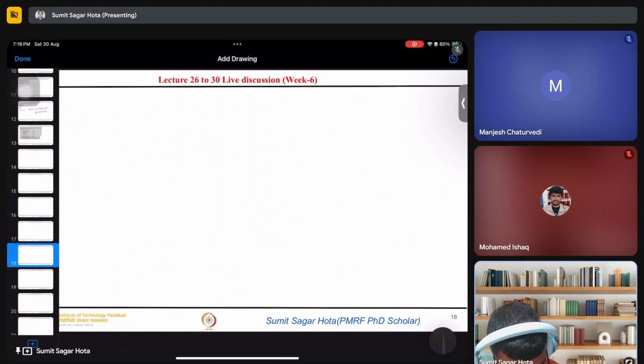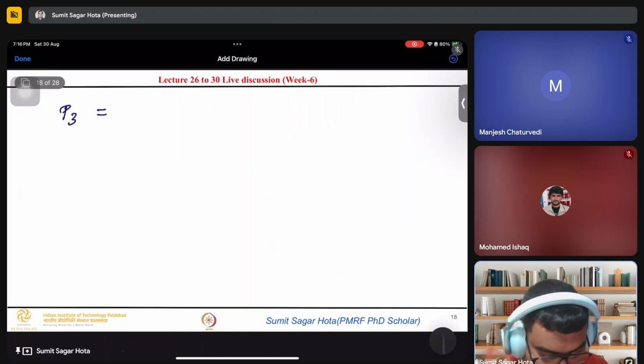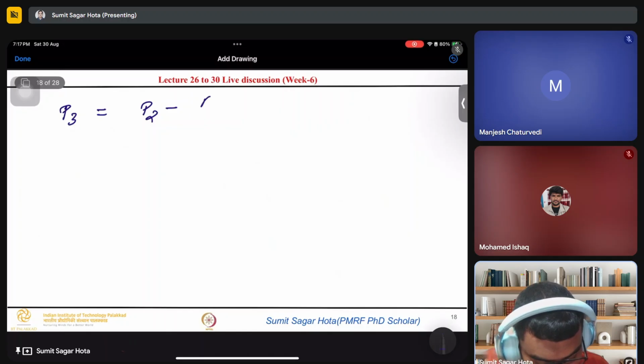From here we just get the hint. So P3 is equal to P2 minus the delta, whatever the loss it's having, divided by P2.